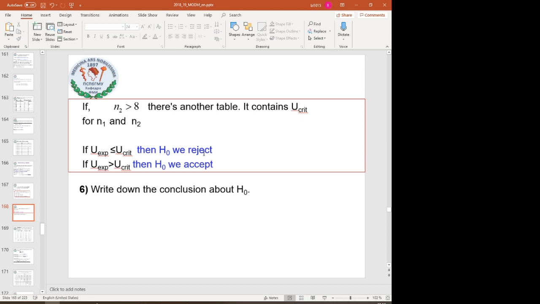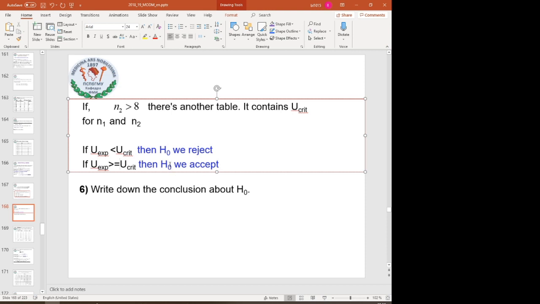And in the same way as in Wilcoxon criterion, if our experimental value is strictly less than critical, then we can reject null hypothesis. And if experimental value is greater than critical, then we accept null hypothesis.